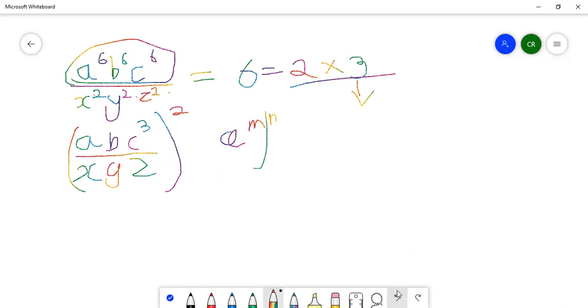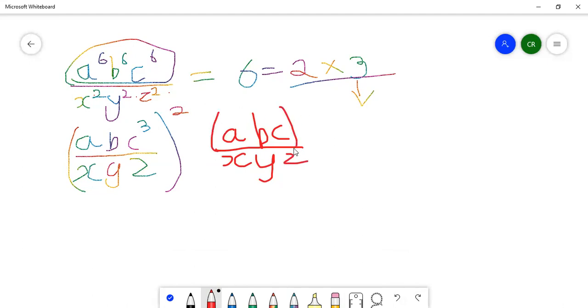Okay. So now the correct way to write this equation is a, b, c upon x, y, z.